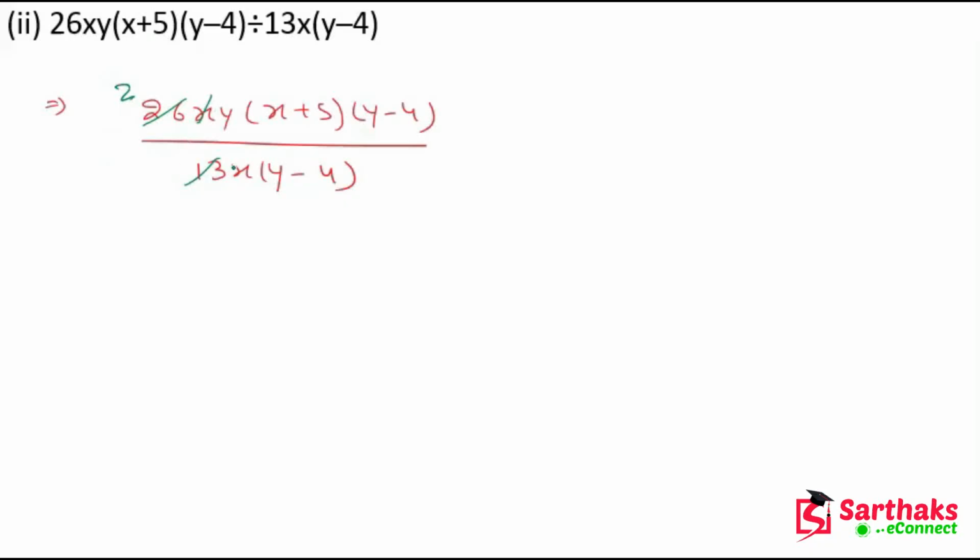We can cancel this x and this x, and we can cancel y minus 4 and this y minus 4. So in the numerator we get 2y into x plus 5. This is the answer of this part.